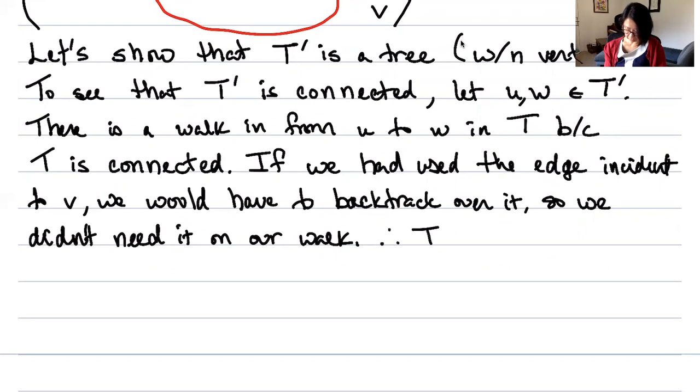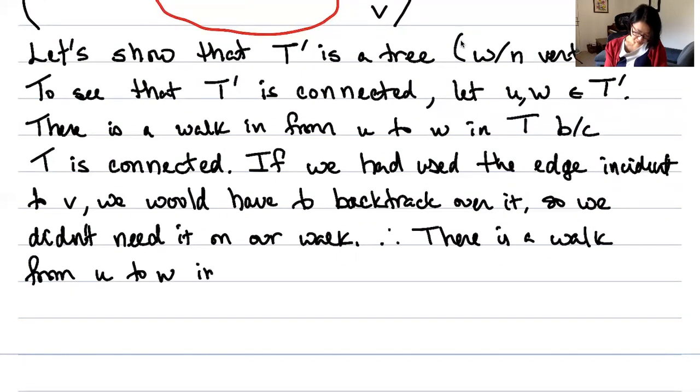Therefore, there is a walk from u to w in T'.